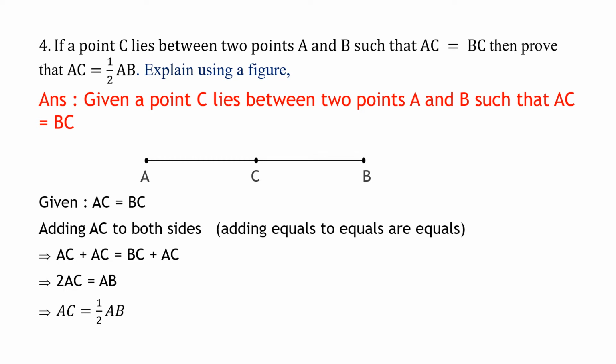So the undefined terms are point, line, surface. Yes, we'll recall once at the end of the slide. But now what are we actually doing? We are making use of those axioms and postulates and proving further things in the way of measurement.